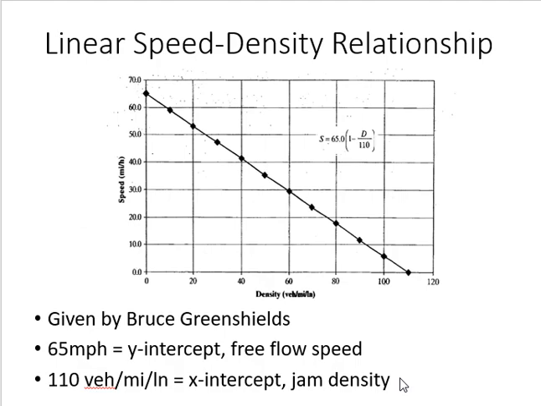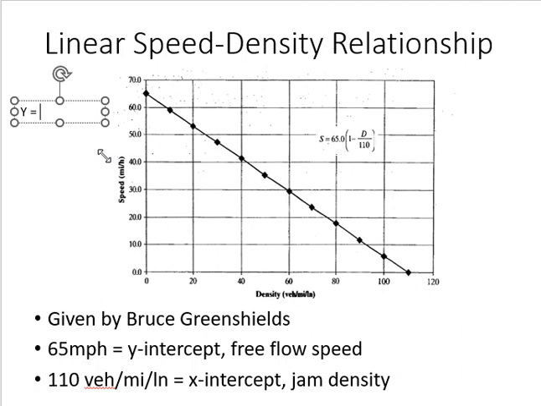Now how did he start? He started with the speed density curve. His proposition was, if you get speed and density data and plot it in a graph, this graph will be a straight line. Now do we know the equation of a straight line? What is the equation of a straight line?